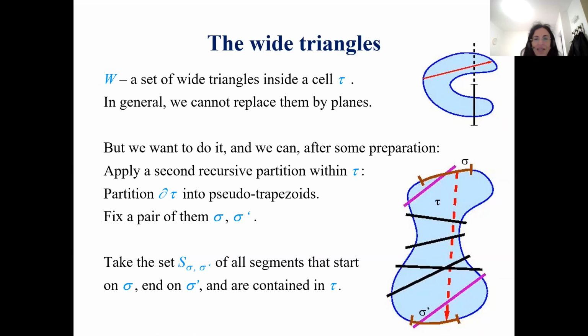Let us consider a pair of such pseudo-trapezoids, sigma and sigma prime. These are the two-dimensional cross-sections of sigma and sigma prime. And then you take the set S sigma sigma prime of all the segments that start at sigma and end at sigma prime.